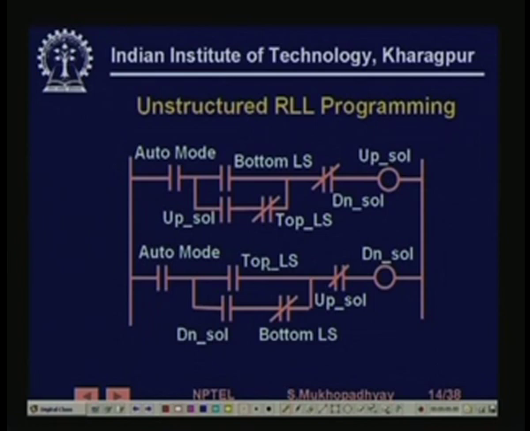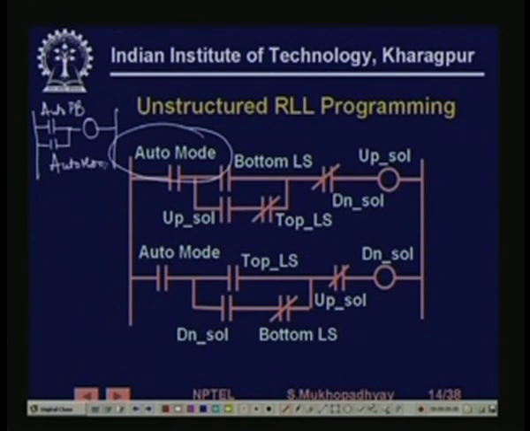It says that if the auto mode, by the way, this auto mode is an auxiliary contact corresponding to some logical variable which you can set by a simple rung: the auto PB, and then an auto mode coil, with an auto mode auxiliary switch, so that the PB can be released. So, this is a sort of persistent input.